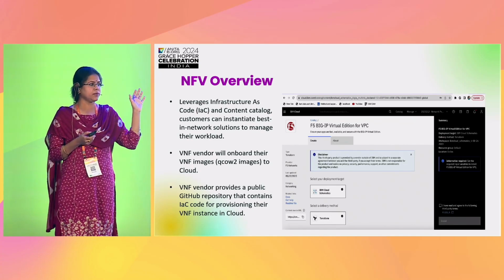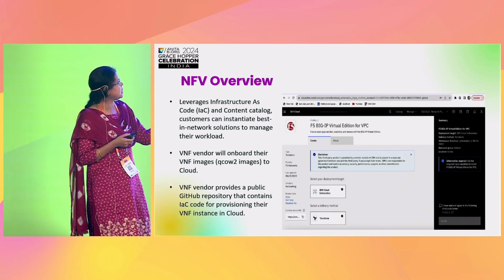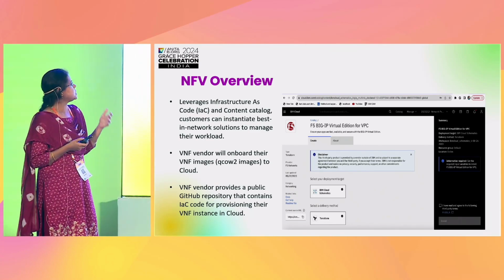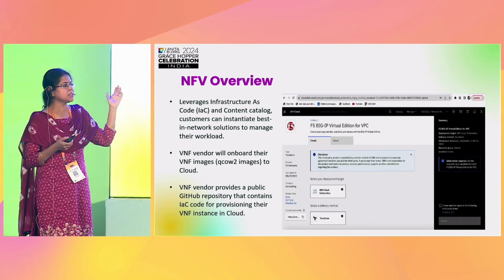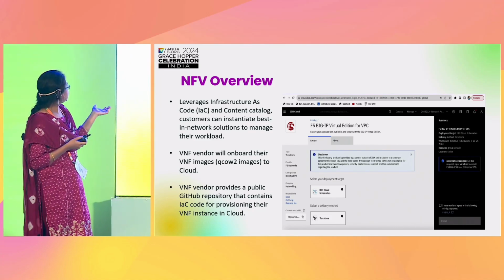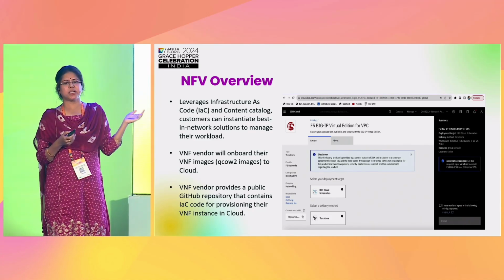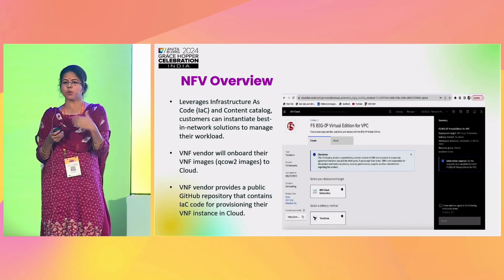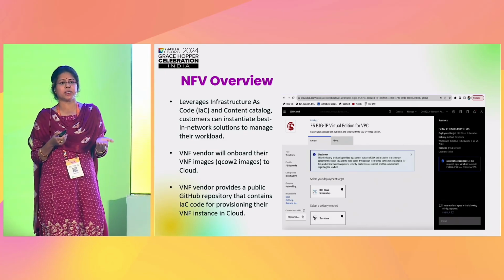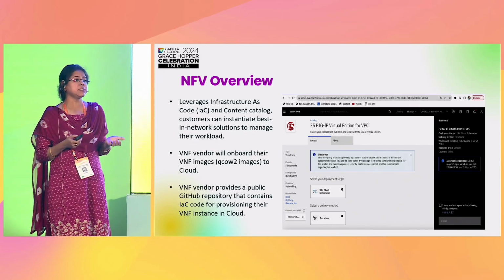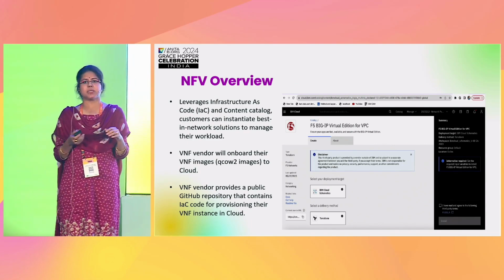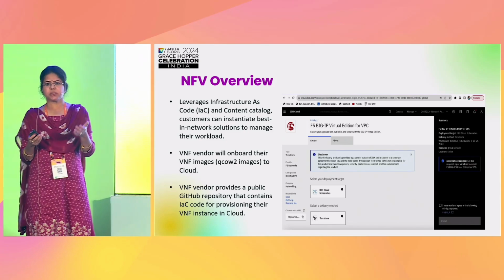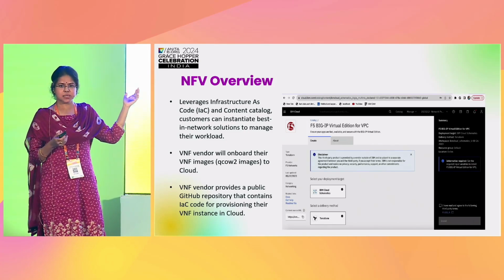If a VNF vendor has to make it available in cloud, then there is a process. Now let's see the process of how a VNF vendor can bring this service to cloud. Initially, the VNF vendor like Fortinet, Checkpoint and Palo Alto first has to onboard their images to cloud, and next the VNF vendor has to publish their GitHub repository. In the GitHub repository there is infrastructure as code, and that code they have to publish for provisioning these VNF instances in cloud.